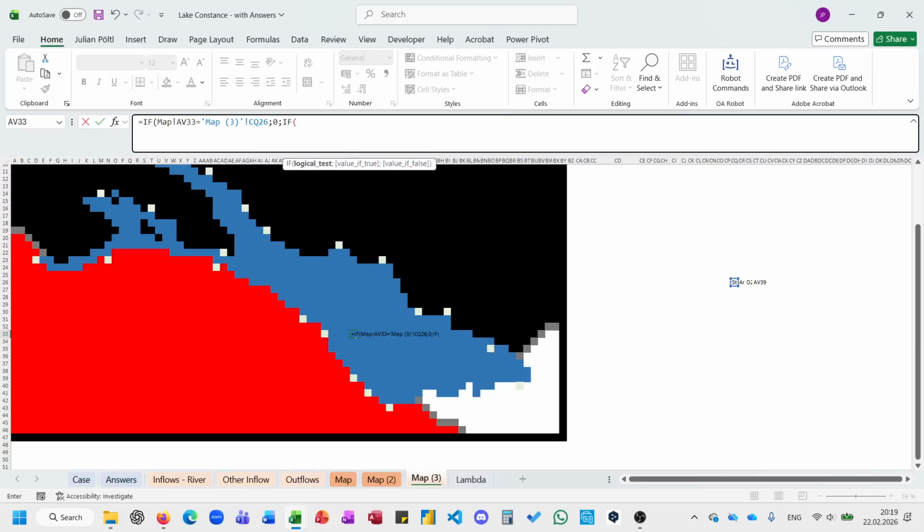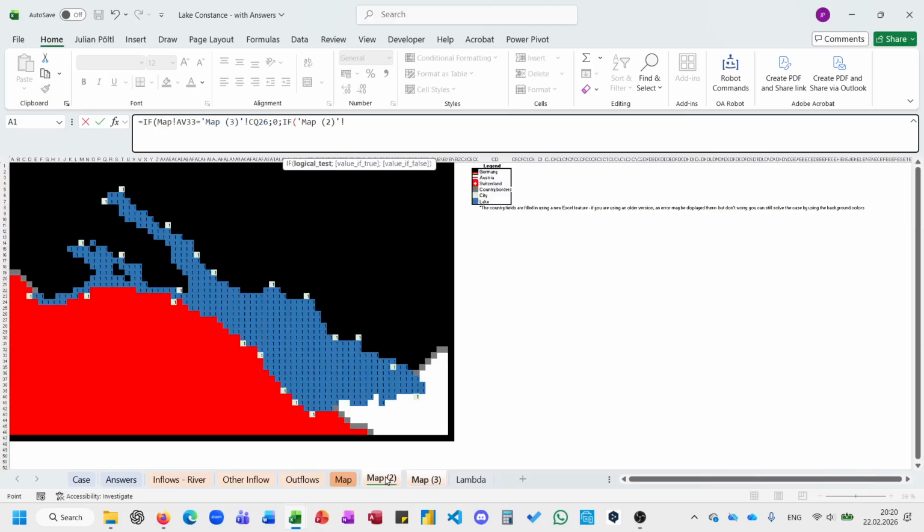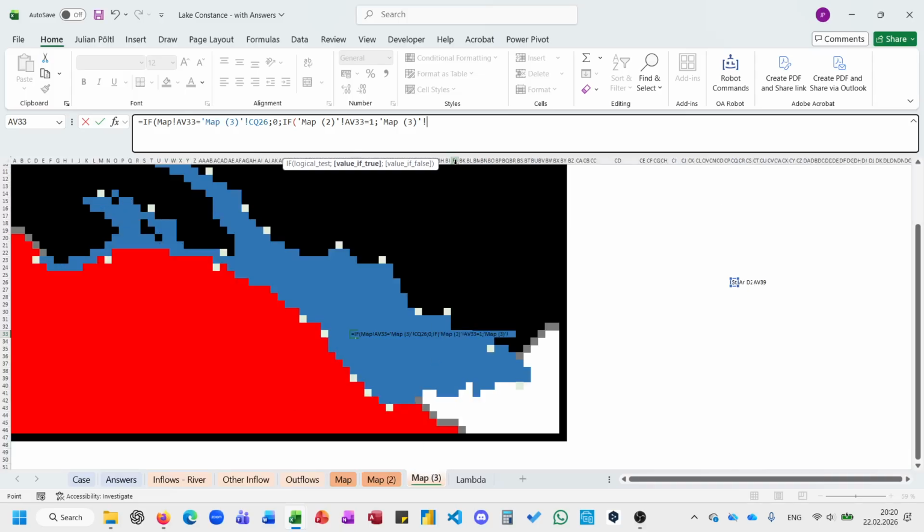Otherwise, if on our 1,0 map, and here again AV33 equals 1, I think equals 1 is not necessary, but for clarification I use this, then our value in this cell here is the minimum of the surrounding cells, and I only take here the non-diagonal cells first, plus 1.